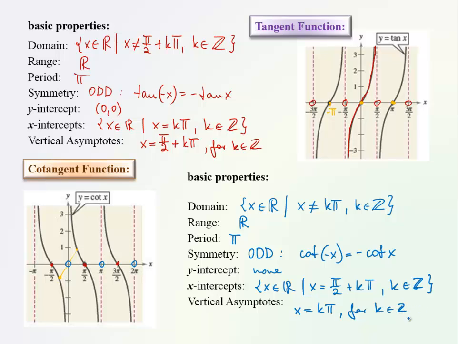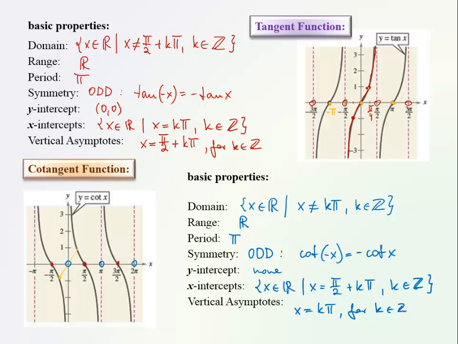Okay, so we know quite a bit about tangent and cotangent. Maybe one more property. Both tangent and cotangent, exactly half way from the center towards the asymptote, at pi quarter, they have a value 1, and at negative pi quarter, negative 1.